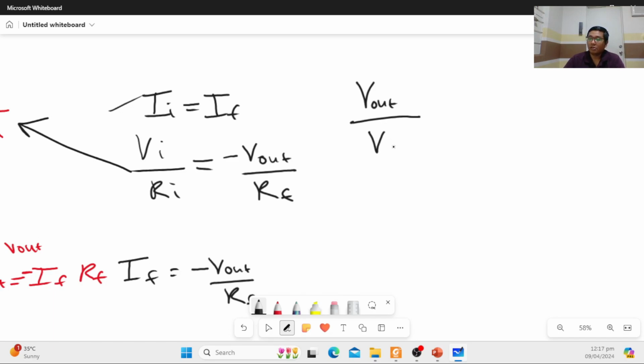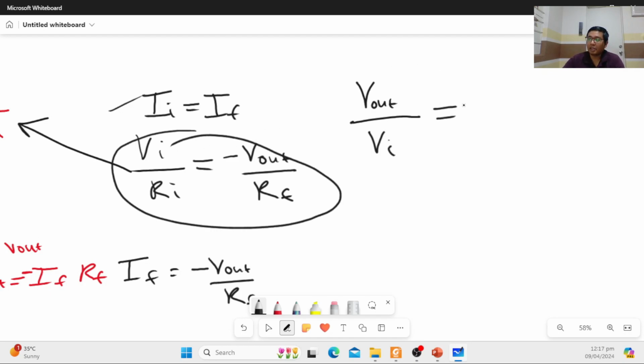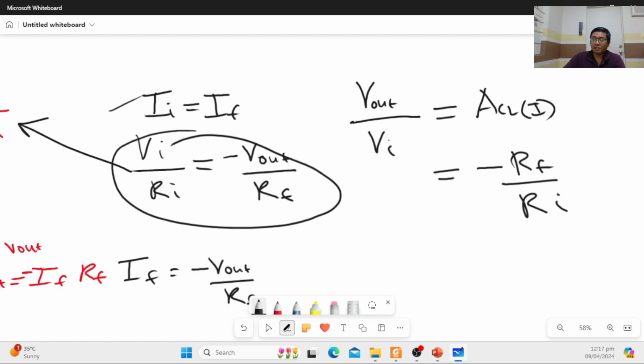So V out over V in is equal to, so i-rearrange lang natin itong equation na to para makuha natin yung closed loop voltage gain ng inverting amplifier. So that is equal to negative RF over RI. So again, this is unitless kasi ang unit ng resistance is in ohms. So unit ng RF is in ohms, unit ng RI is in ohms, so magka-cancel siya. So meron tayo ngayong gain na negative RF over RI.